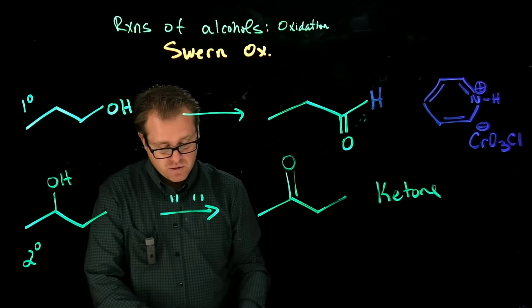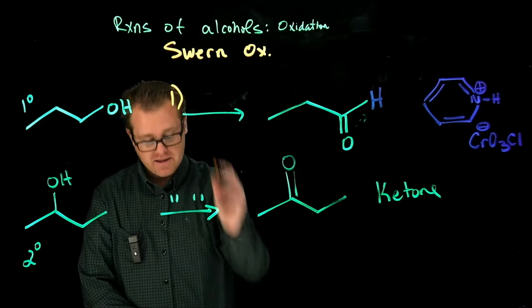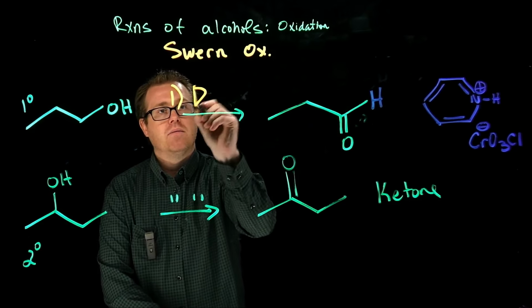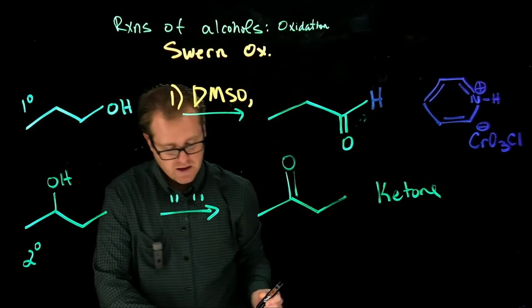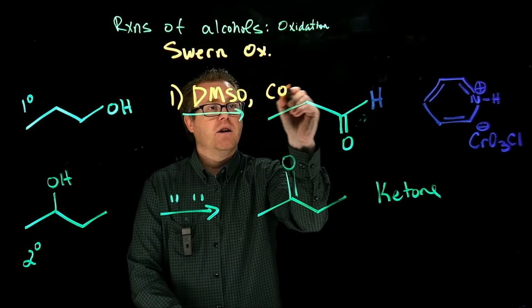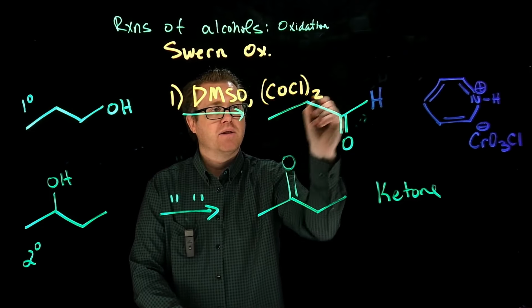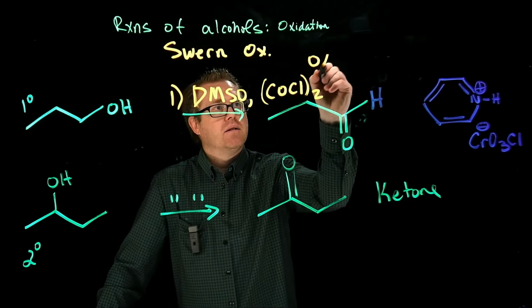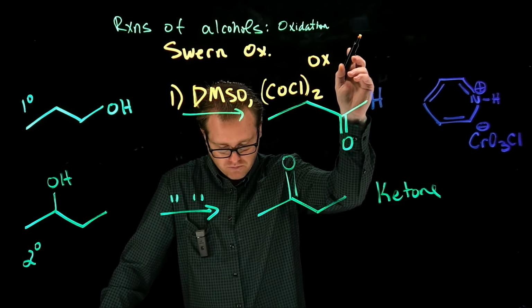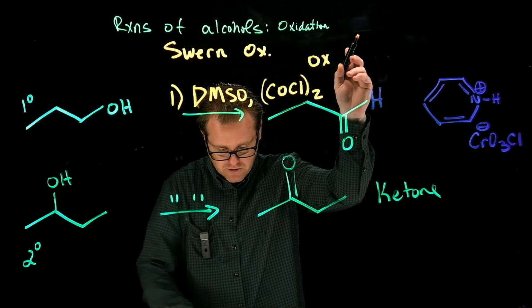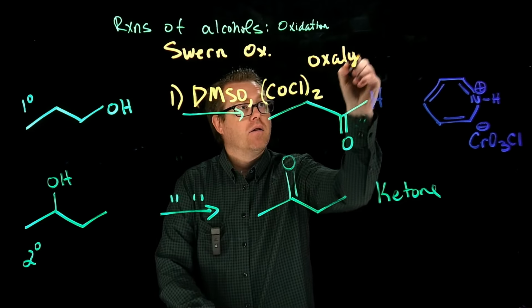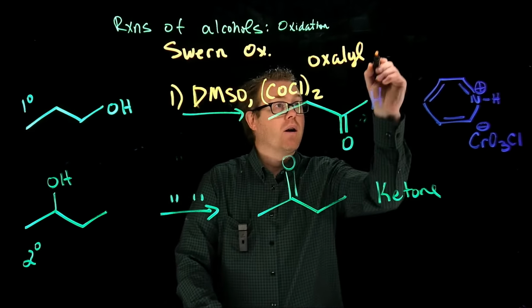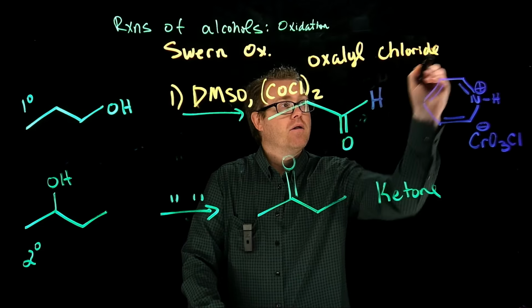The reagents for the Swern oxidation are a two-step process, okay, where you take DMSO and (COCl)2, put that in parentheses, put the subscript of 2. And that is called oxalyl chloride. Sorry, not acid, oxalyl chloride.